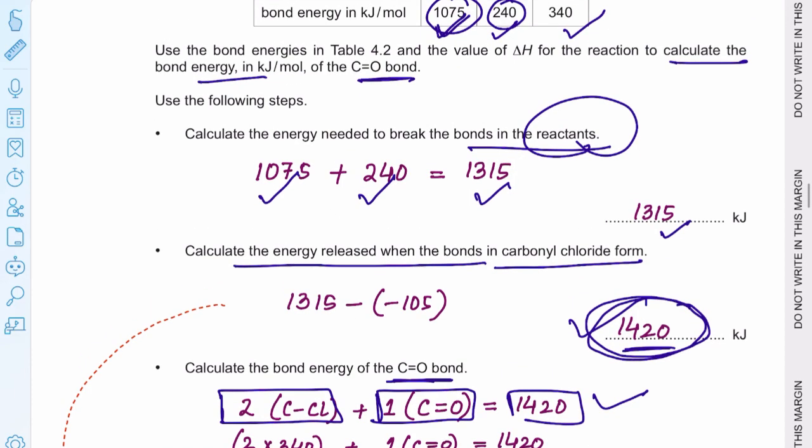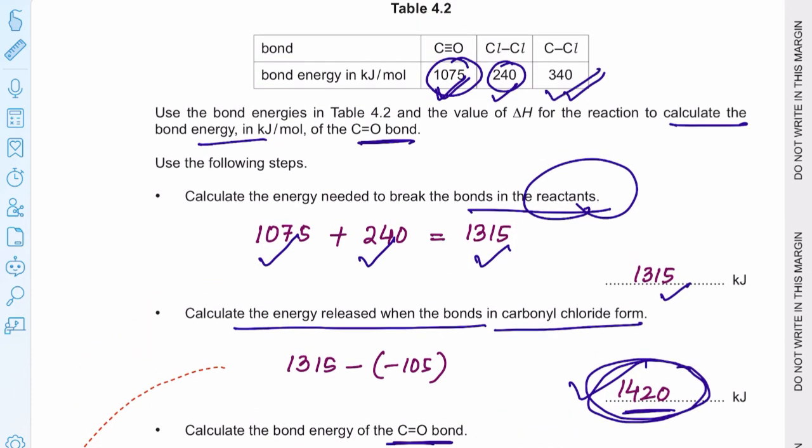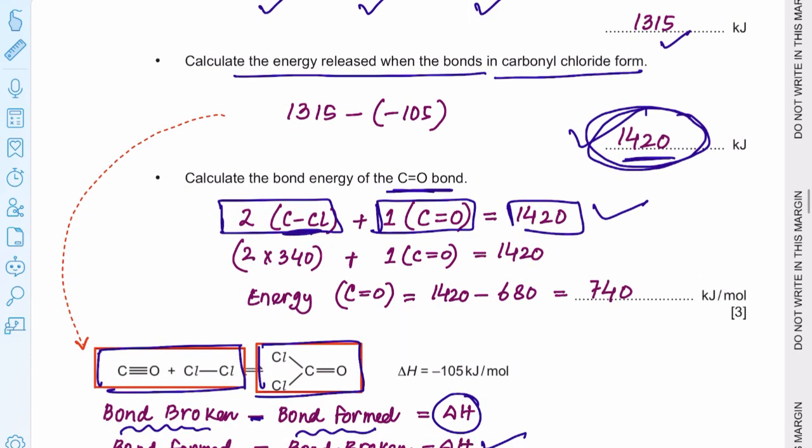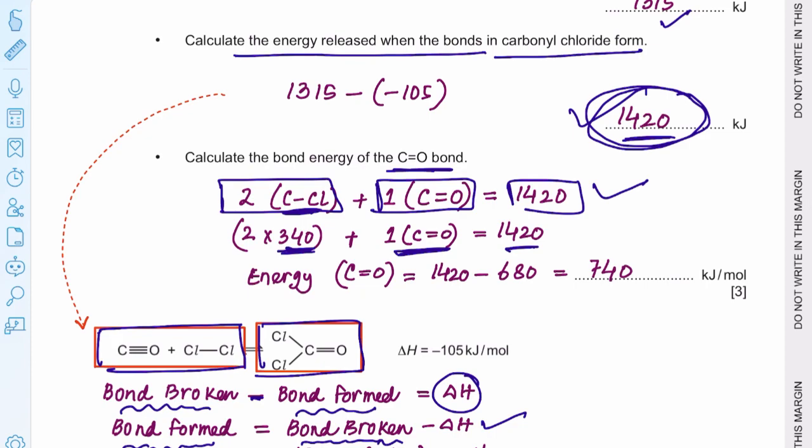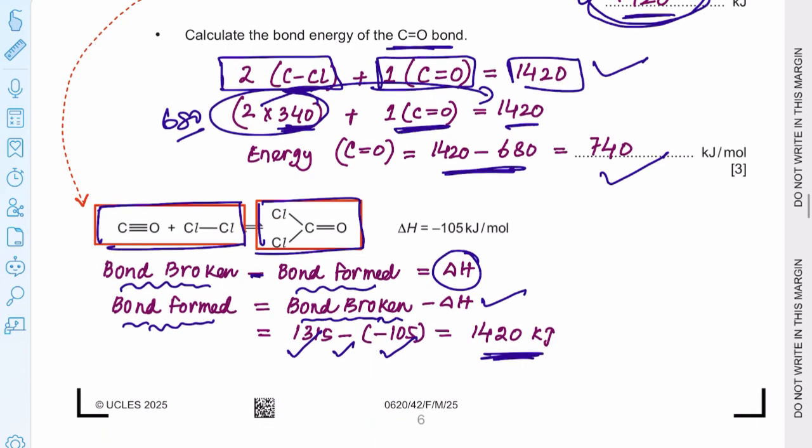A carbon chlorine single bond is 340, so I am replacing it here, and the carbon oxygen double bond equals 1420. If I rearrange, this gives 680. Shifting to the other side, 1420 minus 680, we get 740 kilojoule per mole. Do you understand everyone clearly?